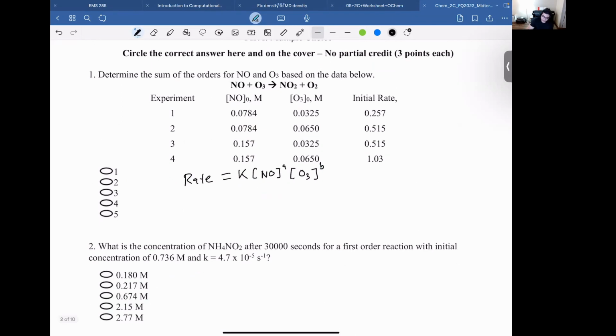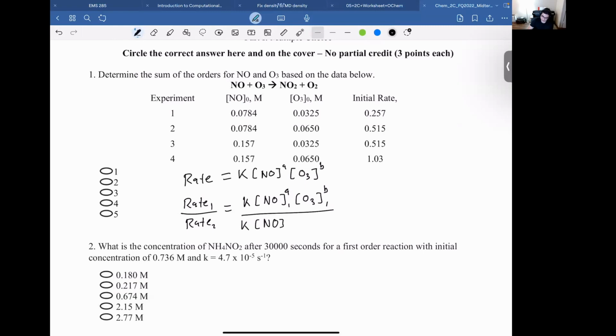What you do here to solve for these is use the first rate divided by the second rate. The rates that you have over here are what we plug in for the math, equal to K times the concentrations of the first experiment. I'll write it like this, with a 1 down here and B1 on the bottom.